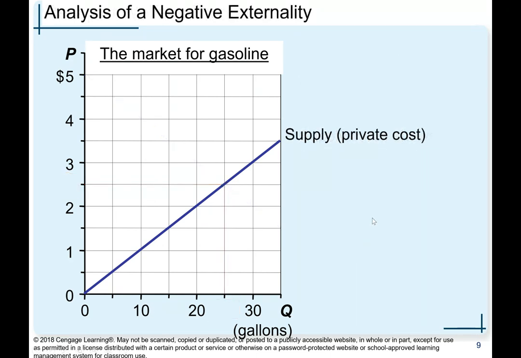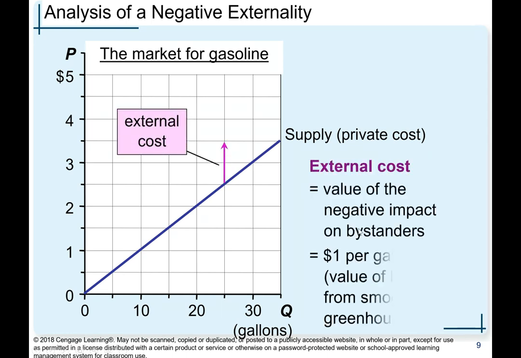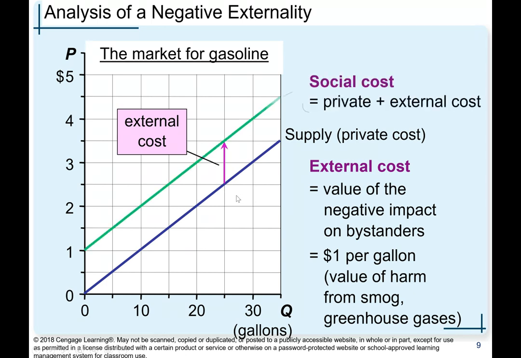Now, supply curve is a private cost. If there is an external cost, value of the negative impact on bystander, and if it is estimated to be $1 per gallon, the value of harm from smog or greenhouse gases is $1, and there's an external cost. And if you take into account the external cost, then you have the social cost.